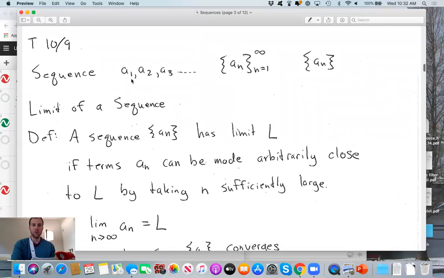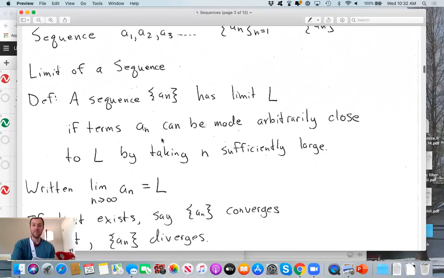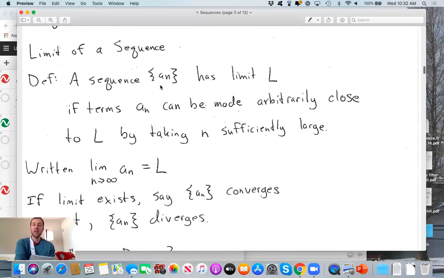So we're talking about sequences, and we want to talk about the limit of a sequence. So given a sequence a sub n, a sequence will have a limit L if the terms in the sequence can be made arbitrarily close to L by taking n sufficiently large.